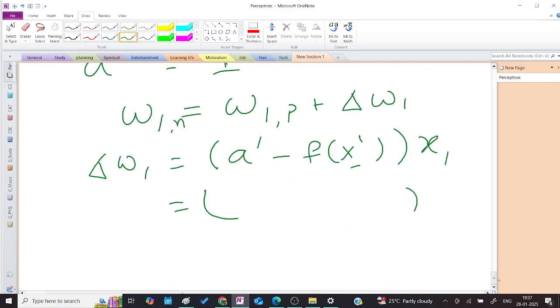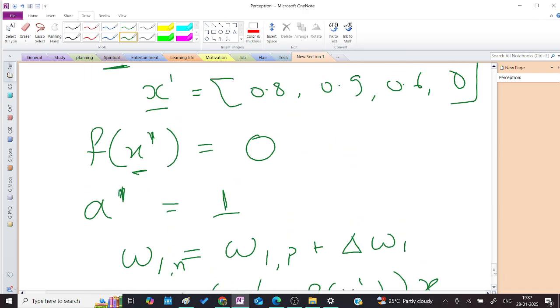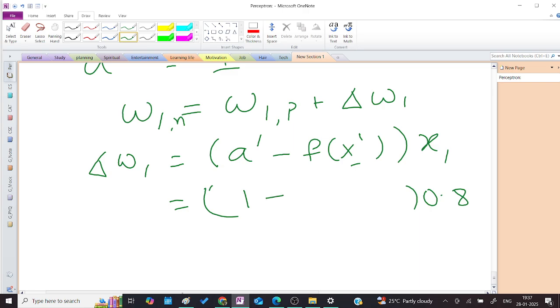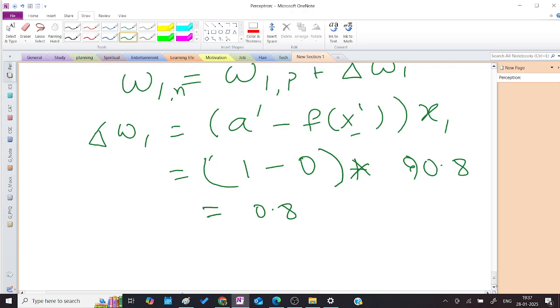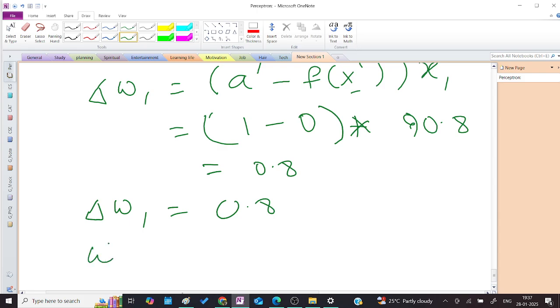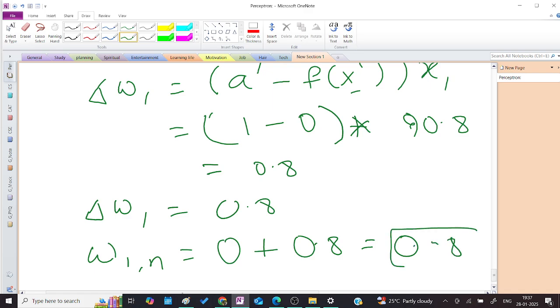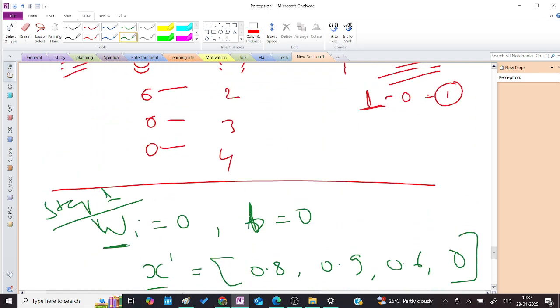It is 0.8, right? a1 is 1, 1 minus f of x which is 0, so the output becomes 0.8. So our change of weight W1 is 0.8. So our new W1 will be 0 plus 0.8. That means our weight will increase. So from 0 it becomes 0.8.